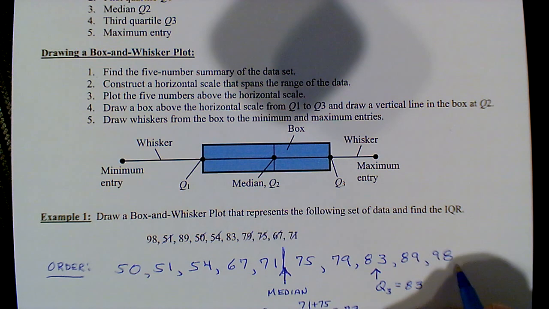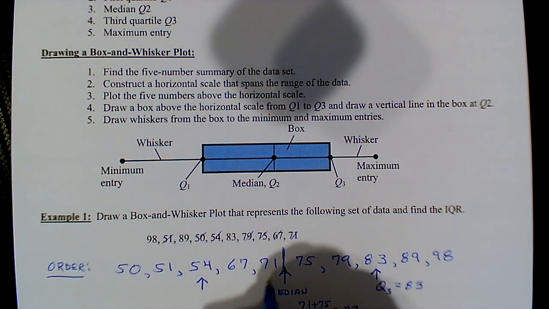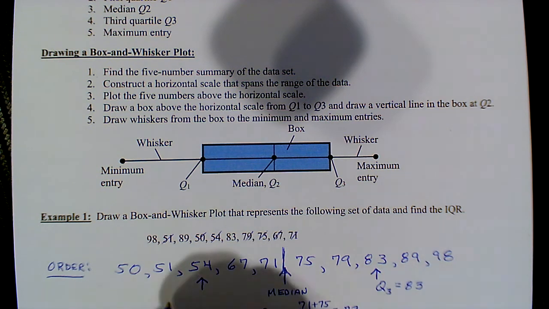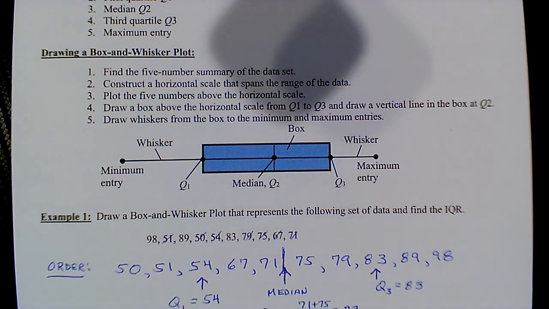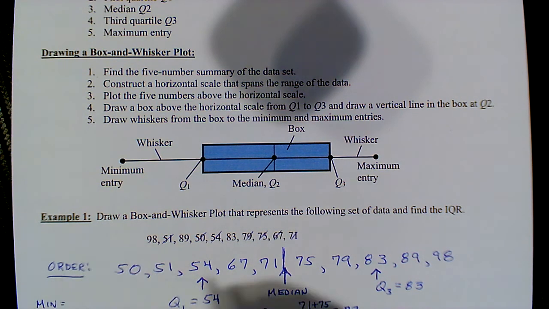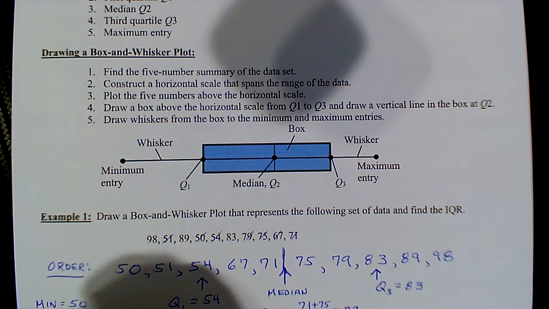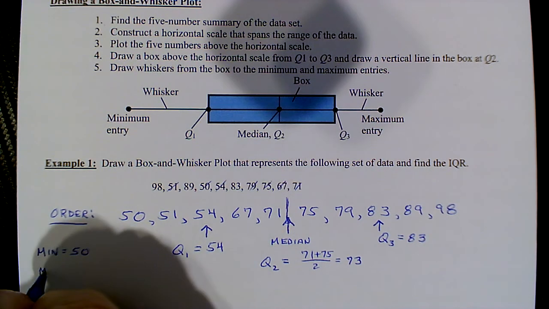And the median for the data set on the left is Q1, and that's 54, which is the median of those 5 pieces of data. So we could note also that the minimum entry is 50, and the maximum entry 98.